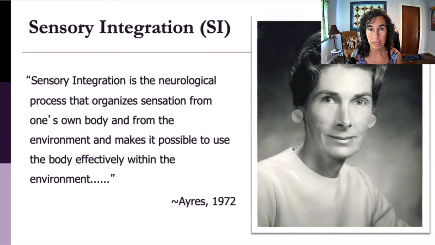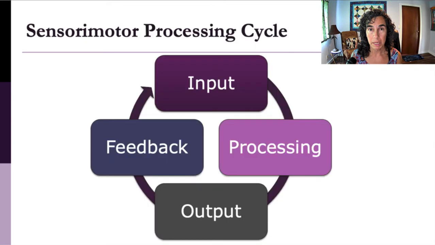It also informs self-regulation. We'll talk a little bit about that. So the sensorimotor processing cycle is we get input from the senses, process it in the brain, motor output, and we get feedback from our environment, which then leads into the cycle again.